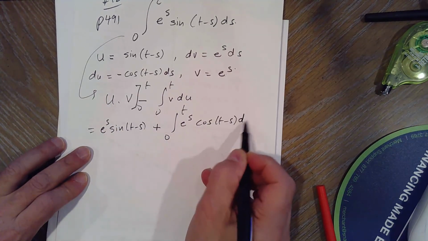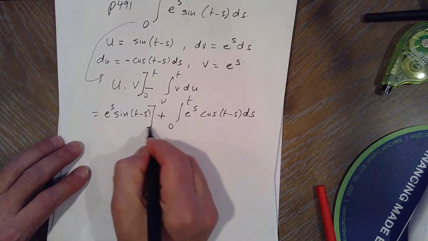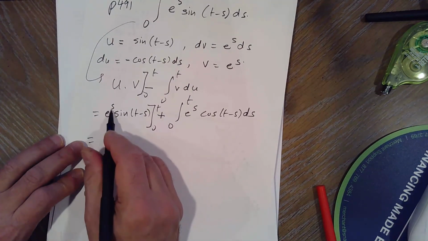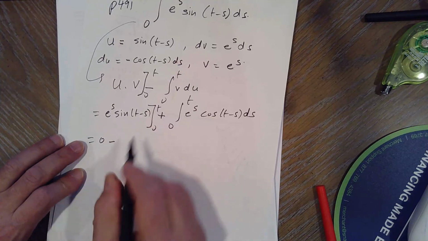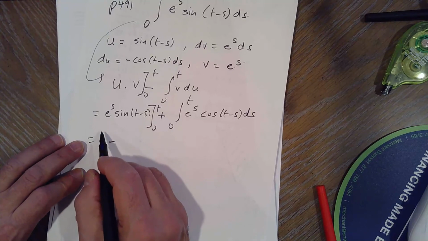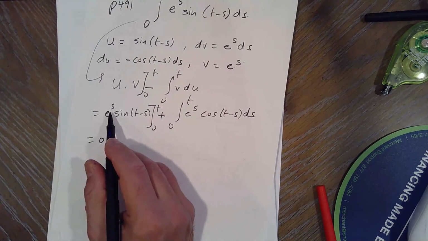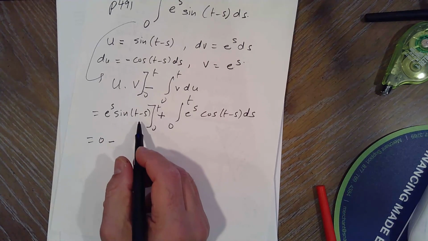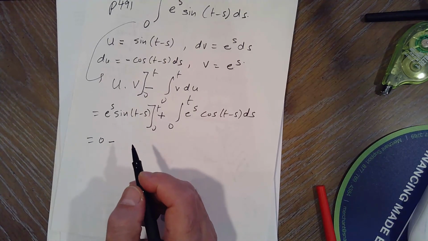This is between 0 and t, so if we put a t in there, sine 0 times e to the s is 0, minus e to the 0 times sine of (t minus s).